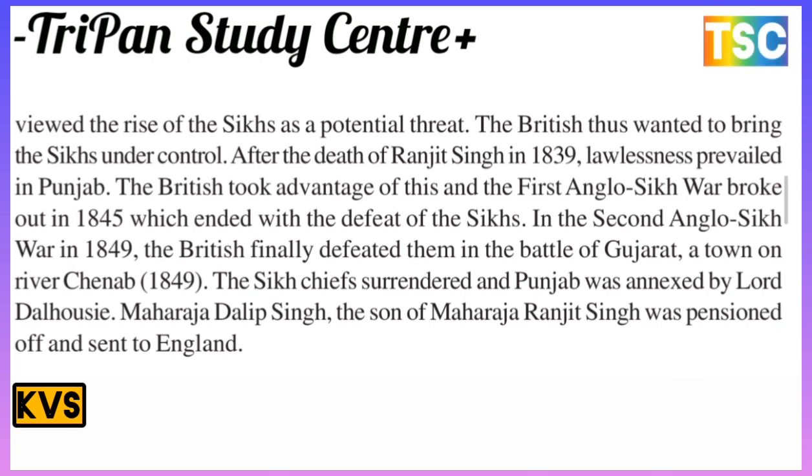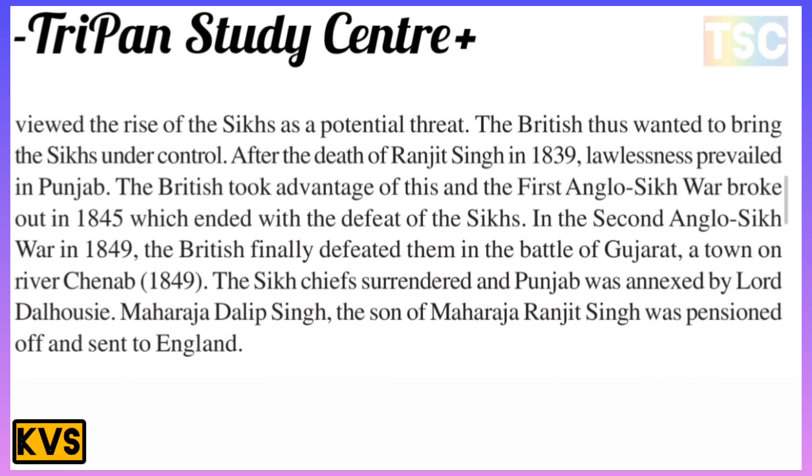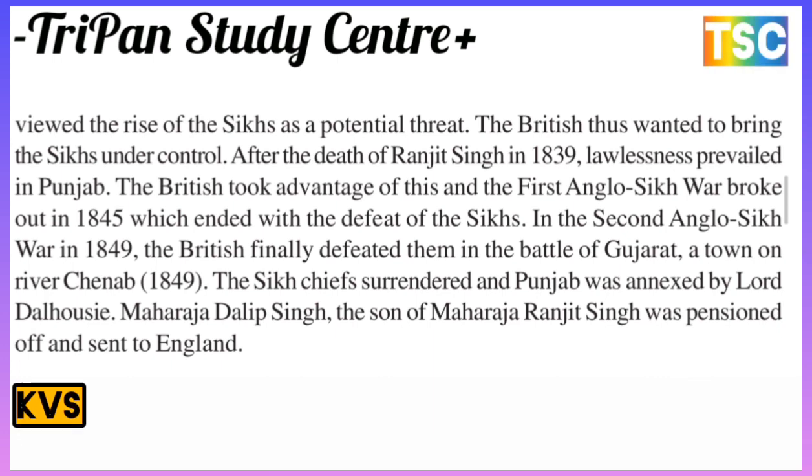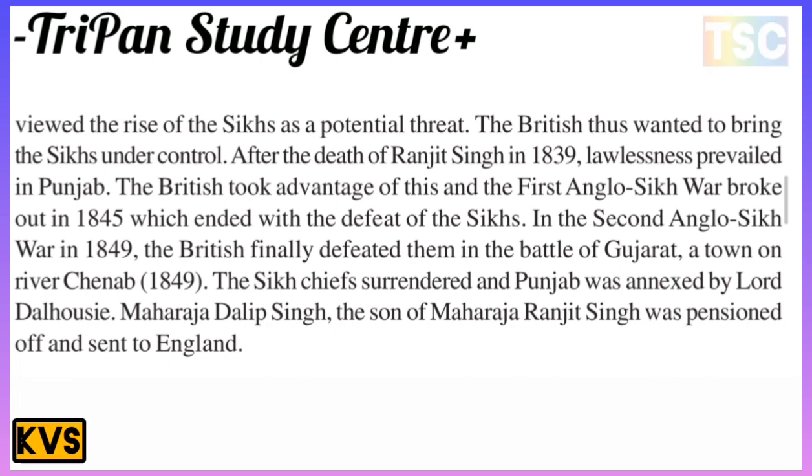After the death of Ranjit Singh in 1839, lawlessness prevailed in Punjab. The British took advantage of this, and the First Anglo-Sikh War broke out in 1845, which ended with the defeat of the Sikhs. In the Second Anglo-Sikh War in 1849, the British finally defeated them in the Battle of Gujrat, a town on the river Chenab.